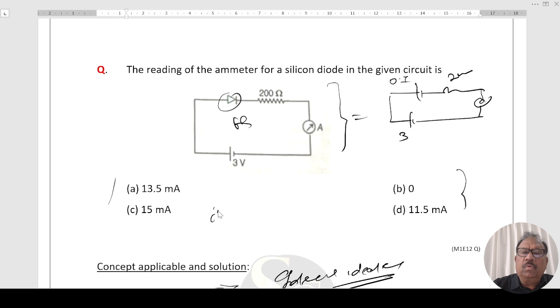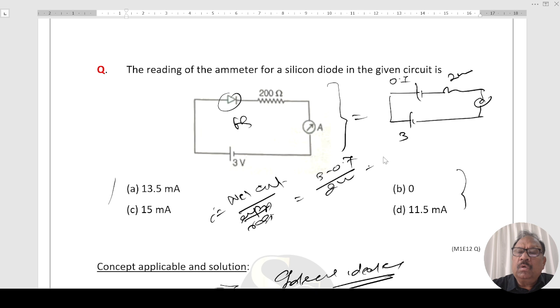So I will be equal to net EMF divided by the net resistance. So net EMF will be 3 minus 0.7 divided by 200. On simplification, 2.3 divided by 200. On simplification, this comes out to be D option. D option is the correct option. Right? Next question.